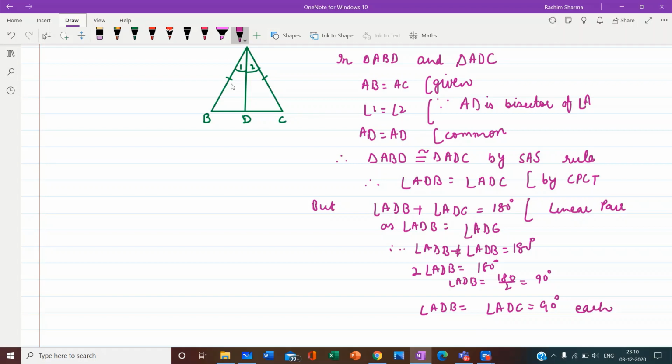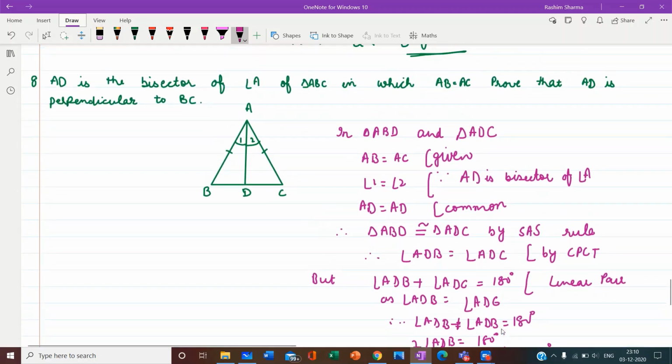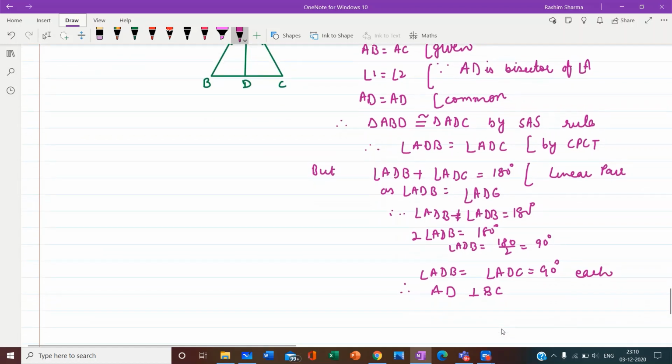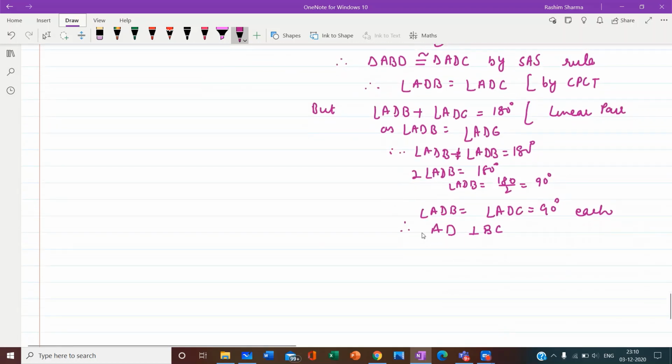If these two angles are 90 degrees each, therefore AD is perpendicular to BC. This is the sign of perpendicular. This is what we wanted to prove, AD perpendicular to BC.